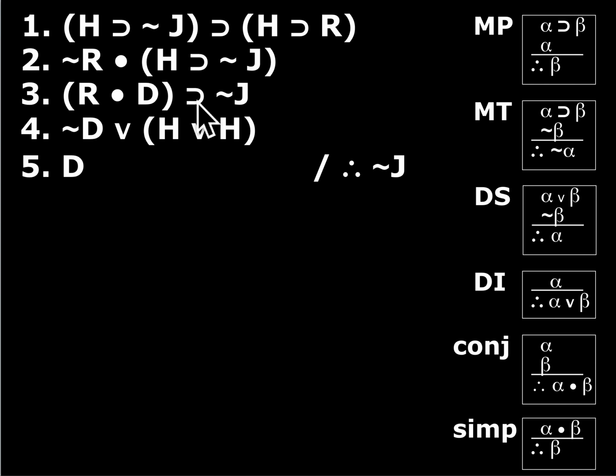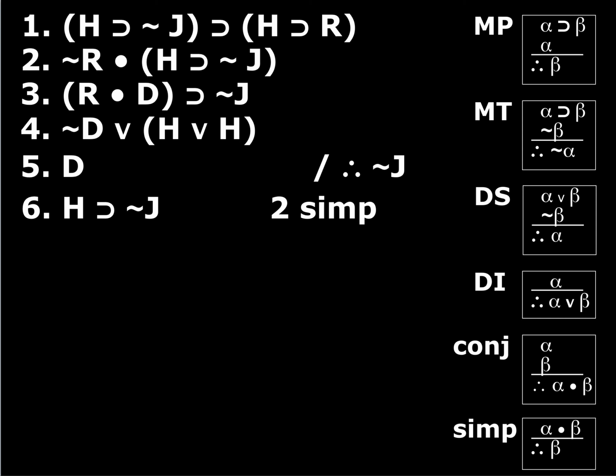I don't really have what I would need to do modus ponens or modus tollens with either of these conditionals. 4 and 5, I could do a disjunctive syllogism. I have a disjunction, I have the negation of one disjunct, so I could derive the other disjunct. So the three things I could do right now are DS on 4 and 5, or I could simplify either of these conjuncts off. And it looks like right now those are my only options.